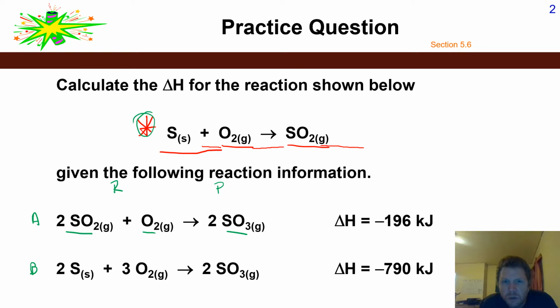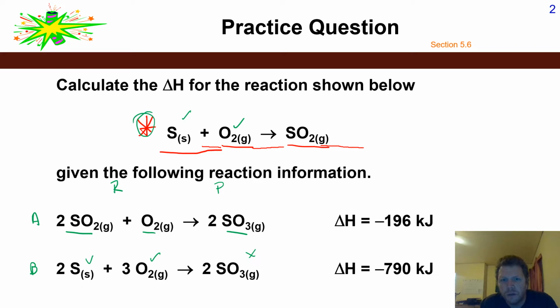I see O2 as a reactant. I don't see SO3. I see SO2 as a product. Then if I look at reaction B, I see sulfur as a reactant, O2 is also a reactant in reaction B, and SO3 is not there.